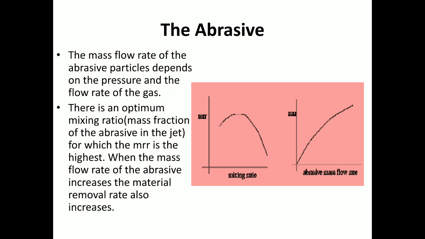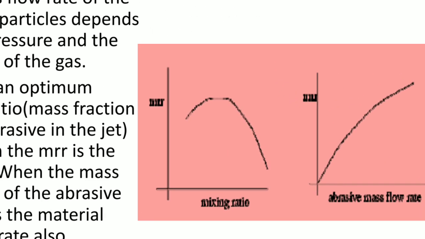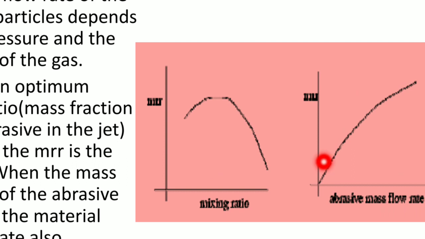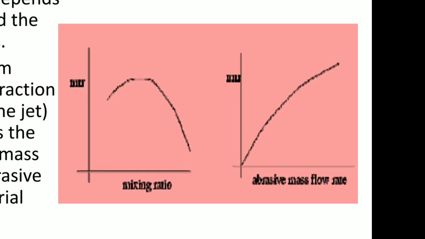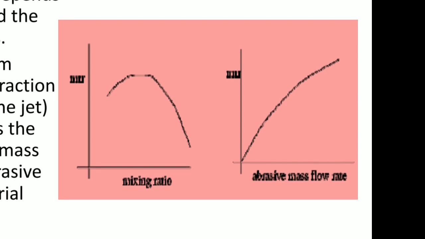Second one, here you can see in the diagram, MRR and abrasive mass flow rate. As you increase the abrasive mass flow rate, it means the number of abrasive particles, or mass of abrasive particles coming out per second, is high. As it increases, MRR increases.